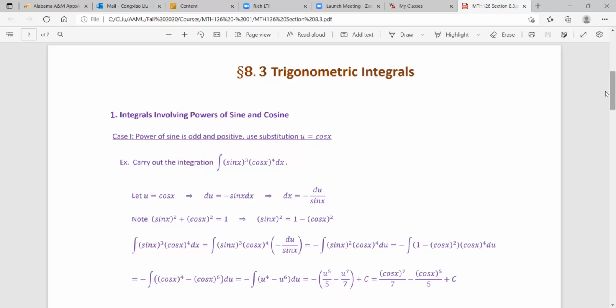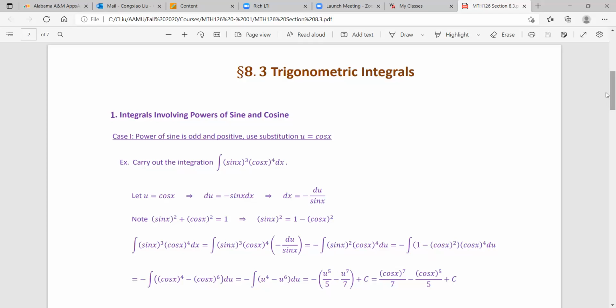Then we can plug in dx and use this formula to replace everything in the original integral. So what do we get? Sine x cubed times cosine x to the fourth times negative du over sine x, replacing dx by negative du over sine x as we got.